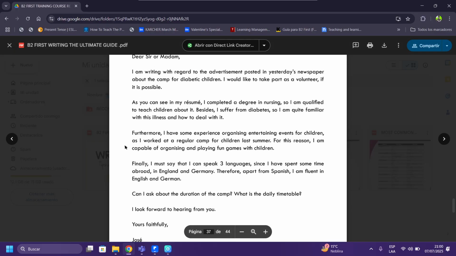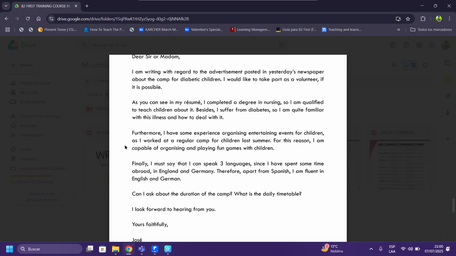In the second paragraph, you have to write about your experience as a worker. In the third paragraph, you have to write about your personal strengths, your abilities, and things like this.